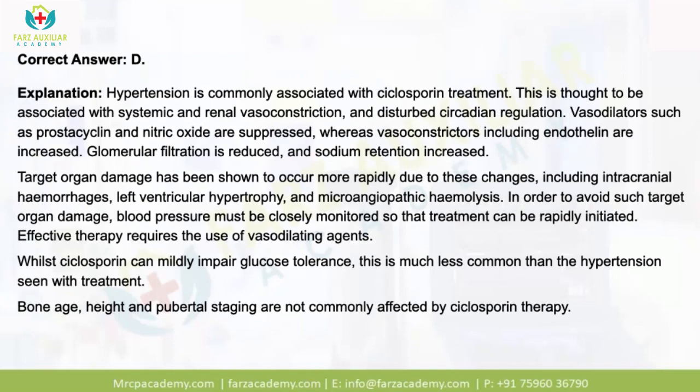Target organ damage has been shown to occur more rapidly due to these changes, including intracranial hemorrhages, left ventricular hypertrophy, microangiopathic hemolysis. In order to avoid such target organ damage, blood pressure must be closely monitored so that a treatment can be initiated rapidly and we can stop the cyclosporin.